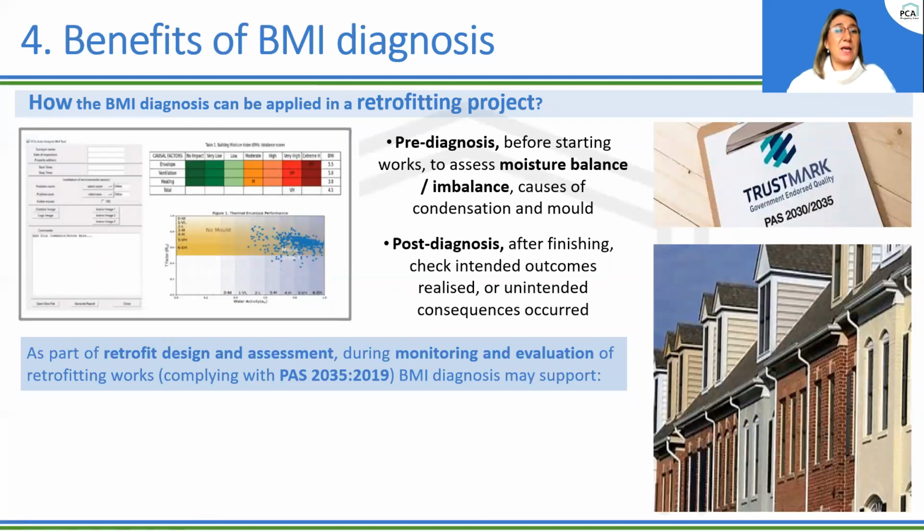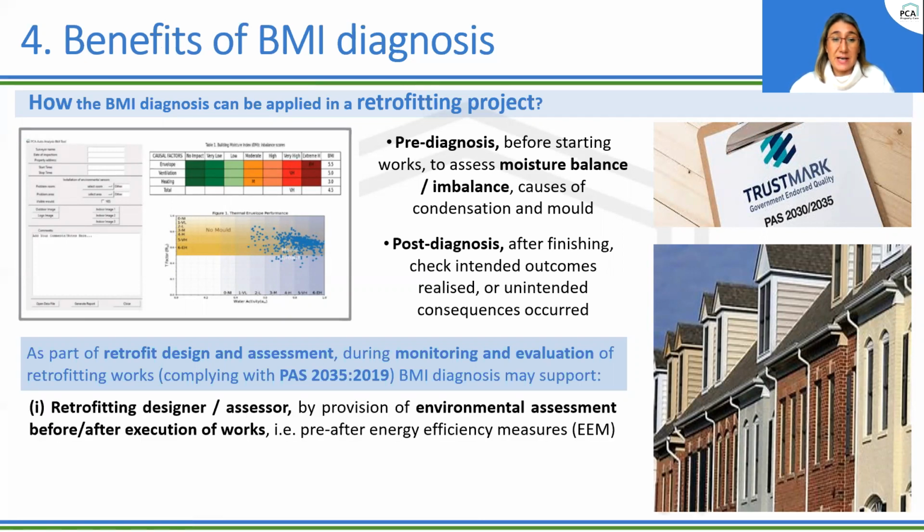And how can the BMI diagnosis be applied in a retrofitting project? Well, it can be applied before starting the works to assess the moisture imbalance, and then after finishing the works to check if the intended outcomes have been realized. And as part of a retrofit design and assessment during monitoring and evaluation of retrofitting works that comply with PAS 2035, the BMI diagnosis may support the retrofitting designer and assessor by the provision of environmental assessment, as I said, before and after the execution of the works, so pre and after the energy efficiency measures are applied.